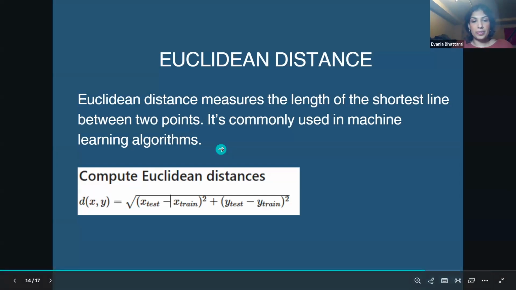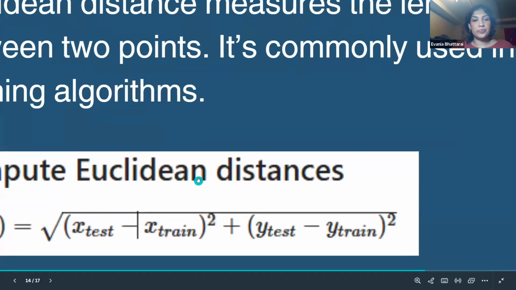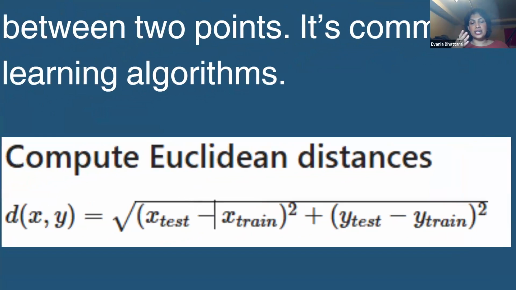Like I was saying earlier, the reason you do this subtraction of the test minus the train is you want to see the distance between those two values and factor it in whenever you're calculating the Euclidean distance. That way you can see how well your model is working.